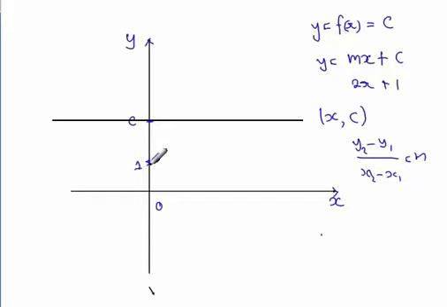So from any point we get there, we're going to have 2 over 1, which means we move 1 unit this way and 2 units up that way, and then we have a line between these two.